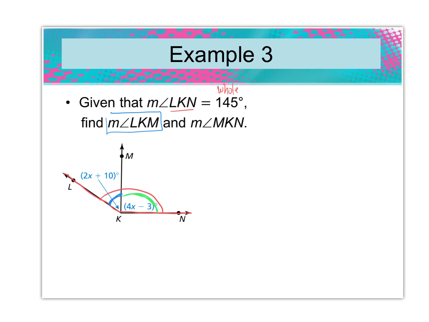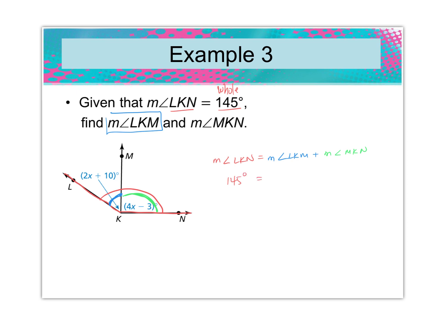So obviously we know the parts add up to the whole, right? So let's just write this out here. We know that the measure of the whole thing, LKN, is going to equal the sum of the measure of the blue angle, LKM, plus the measure of the green angle, which is MKN. Okay, so now that I have the setup, let's actually write it out. The whole angle is 145 degrees.